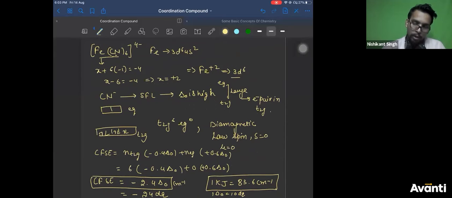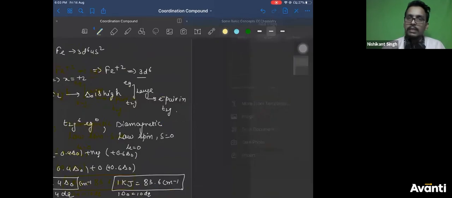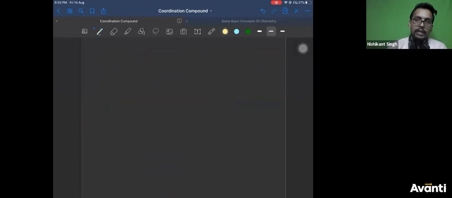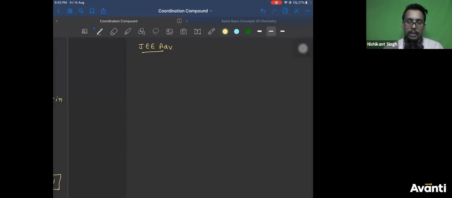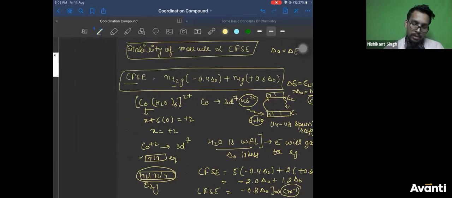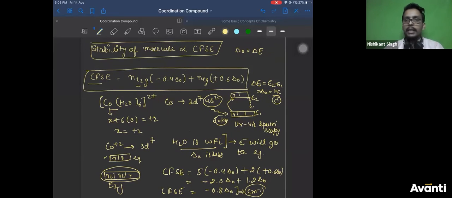Alright, so this is what I wanted to say, but for JEE one more thing is important. For boards and CT, this is fine. But especially for JEE Advanced, remember one thing, JEE may ask. DQ is another unit of CFSE; like delta O, you can measure the energy gap in terms of DQ also.